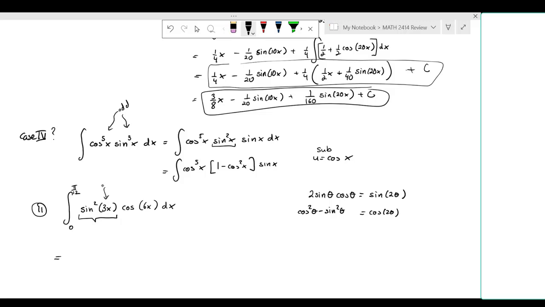So we'll use the power reducing identity for the sine squared. You get half minus half cosine of double the angle, so 6x.